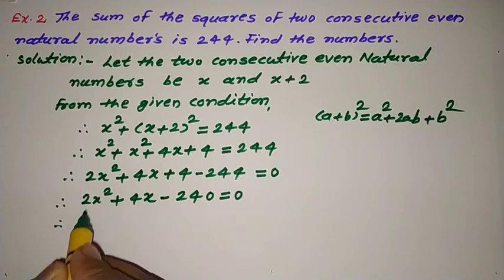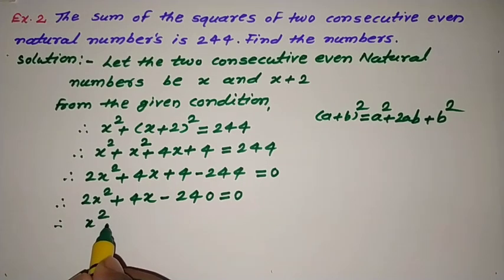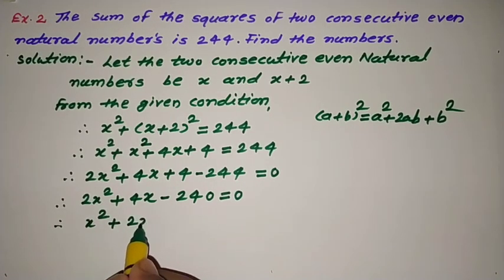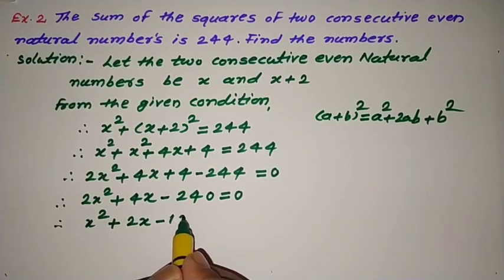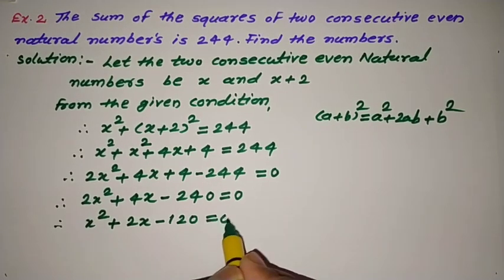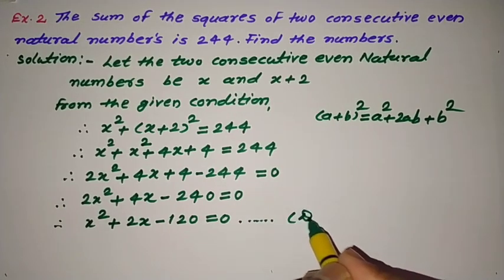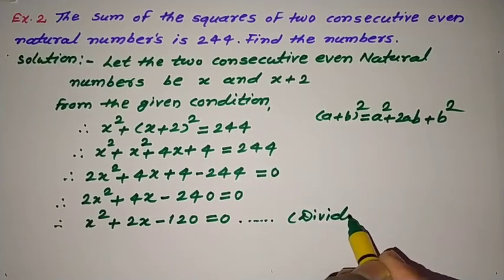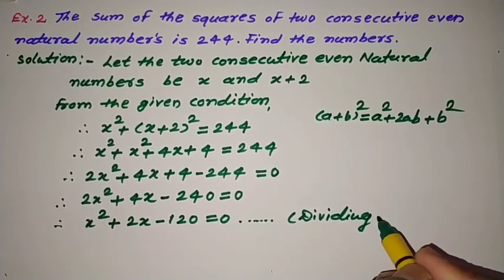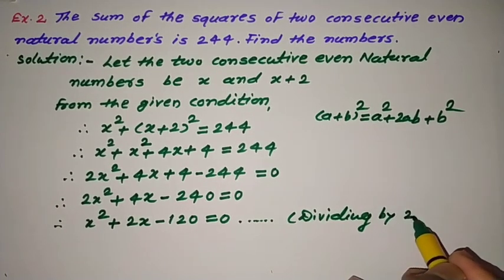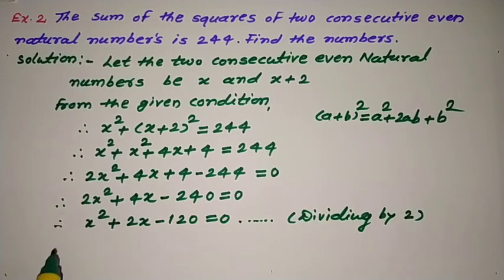Dividing by 2, it remains x square plus 2x minus 120 is equal to 0. Solve this quadratic equation by the factorization method.